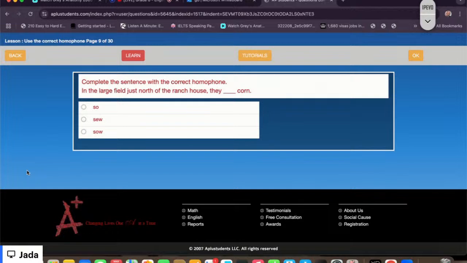In the large field just north of the ranch house, they sow corn. So which of them? First, second, or third?